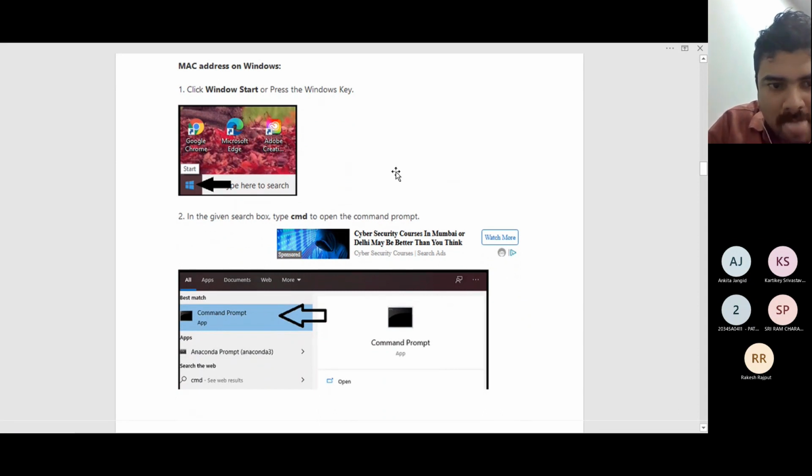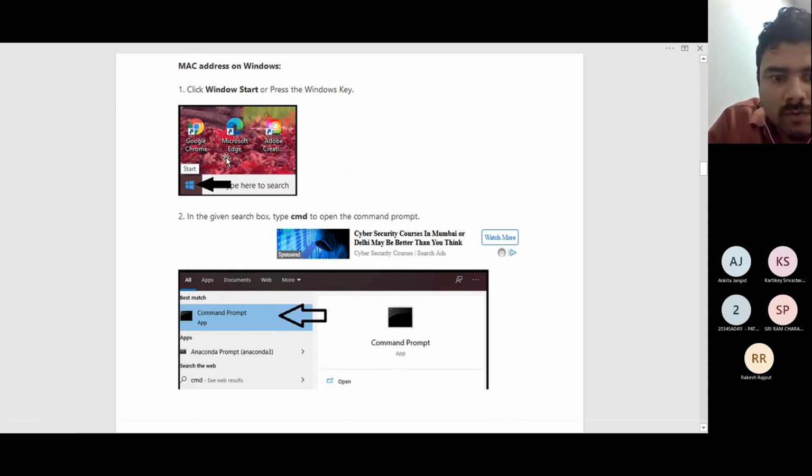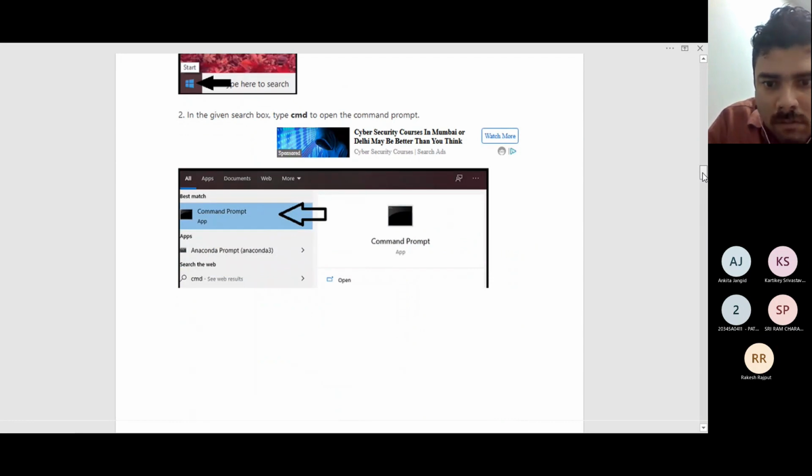Now, whether this system is Windows 7, Windows 10, or Windows 11, we go to Windows Start, the Windows key. Then type command prompt.